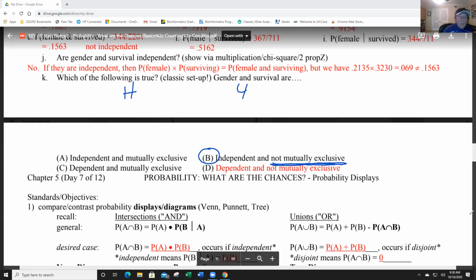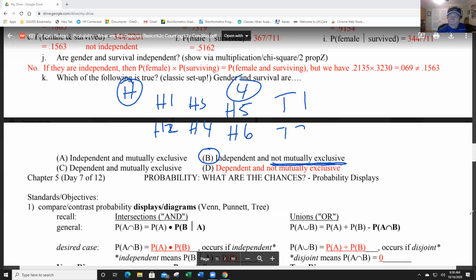If you're trying to get heads and a 4, here's your sample space: heads 1, heads 2, heads 3, heads 4, heads 5, heads 6, tails 1, tails 2, tails 3, tails 4, tails 5, tails 6. Now, flipping a coin and getting heads and rolling a die, are those independent events? Of course they are. A coin and a die have nothing to do with each other.